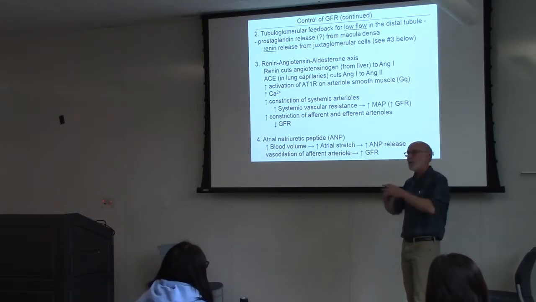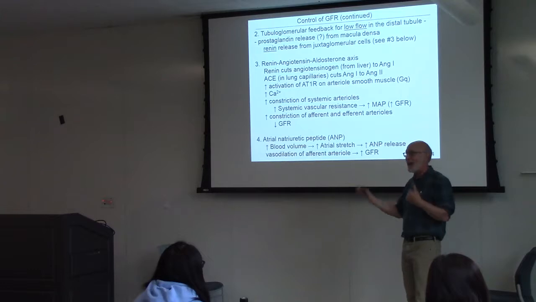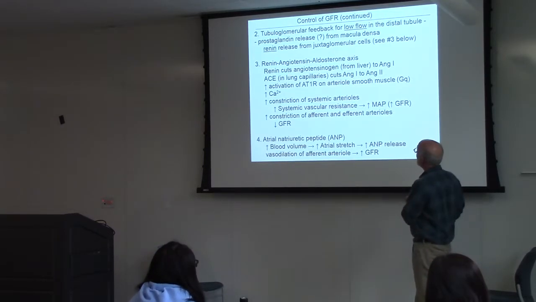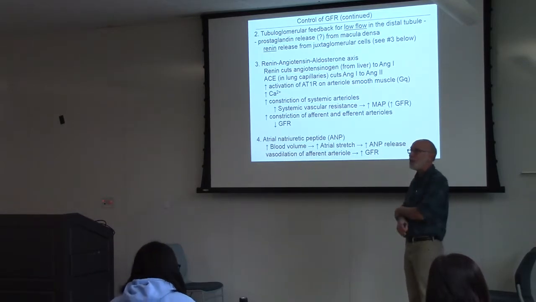So it's a hormone because it's circulating in the body, and it's going to do all kinds of signaling. But it's not interacting with receptors. It is a hormone and an enzyme. It cuts a protein that is circulating in the blood called angiotensinogen.